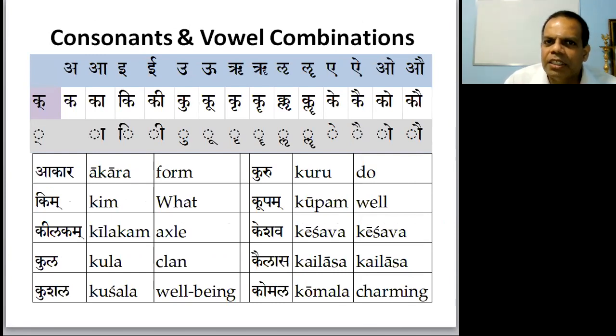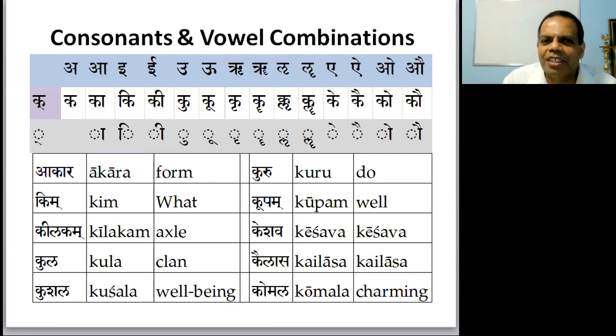But in many of the regional languages, the sa is replaced by sha: Kailasha. In the same way, Komala is used as Komala. The regional languages have similar words, but they are not polished enough. That's the reason, but in Sanskrit, it is Kailasa.